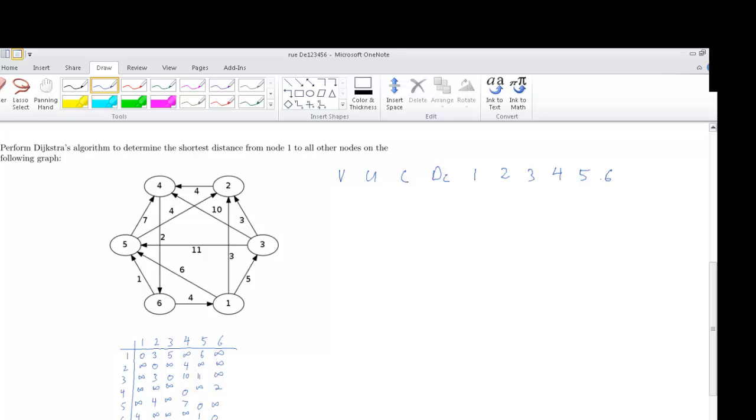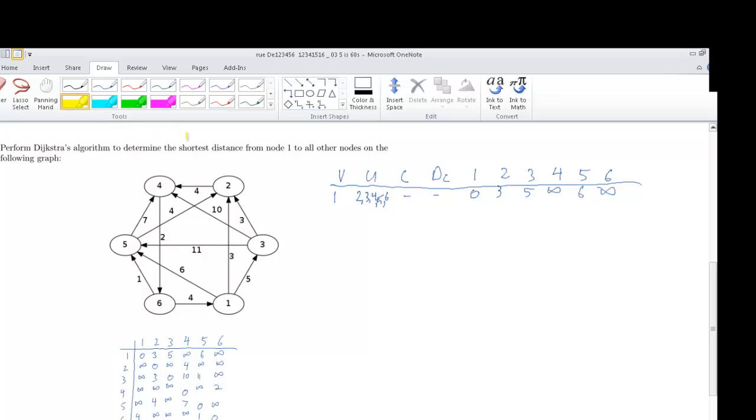The first node is 1, as stated in the question. So we're going to visit 1. The rest are going to be unvisited. Distance to 1 will be 0, and I'm just copying it straight off of this chart here. 6, infinity.